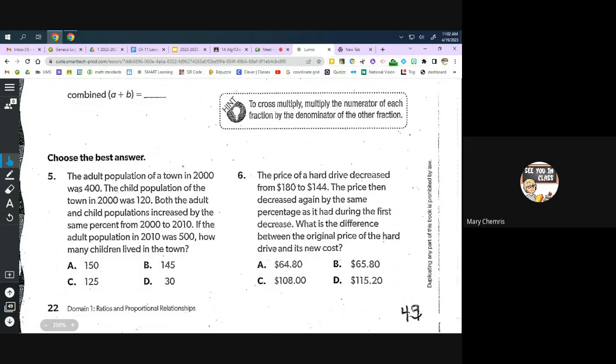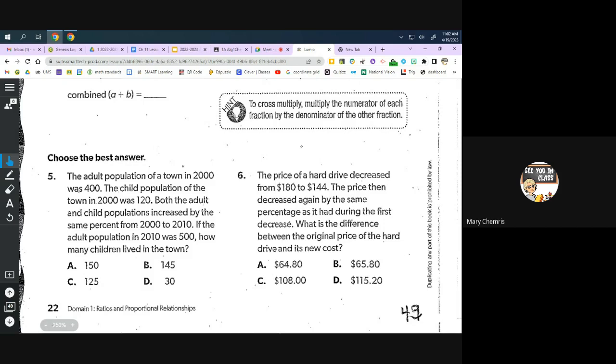Now, the next one says the adult population of a town in 2000 was 400. The child population of the town in 2000 was 120. Both the adult and child populations increased by the same percentage from 2000 to 2010. If the adult population in 2010 was 500, how many children lived in the town? Okay, so the adult population was 400 and it went to 500.